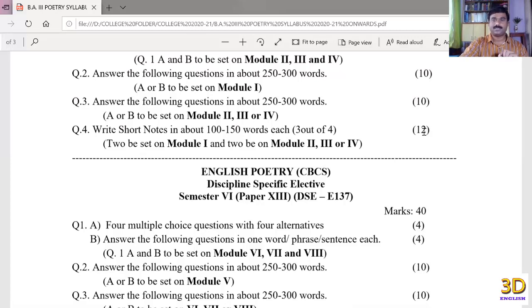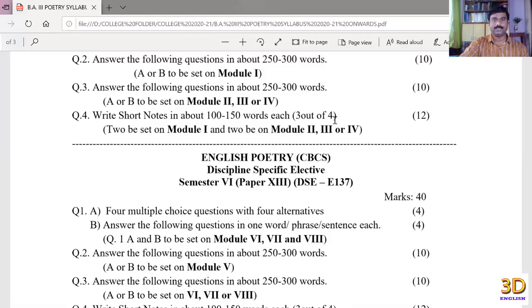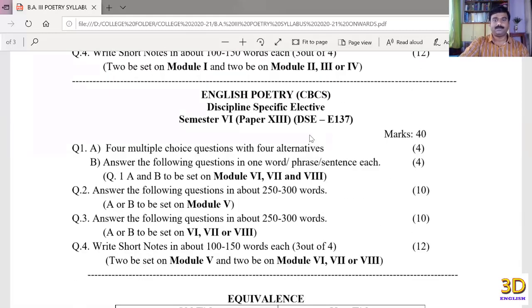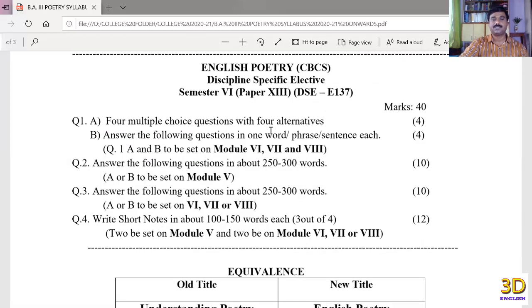And you can see that each short note is for 4 marks. It will be set on module 1 and on modules 2, 3 and 4. So the same pattern will be there for your semester 6.